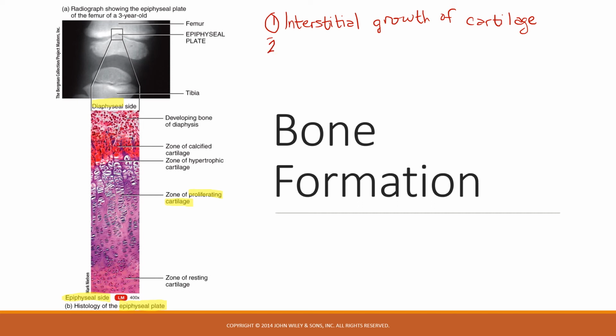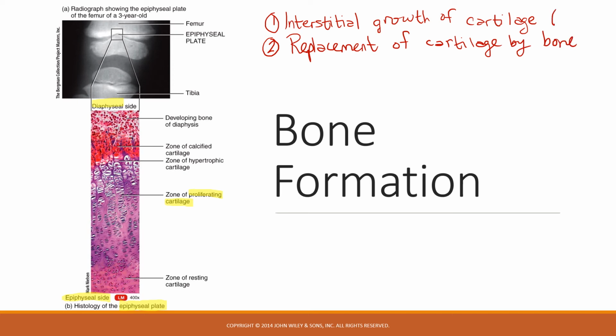And then the second step is going to be replacement of cartilage on the diaphyseal side of the plate. And this is done by endochondral ossification. So then we're going to have replacement of the cartilage by bone, and that's going to be on the diaphyseal side.